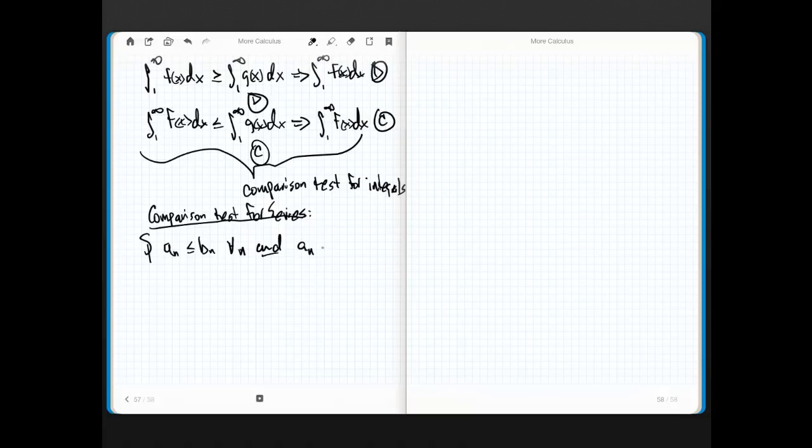A sub n and b sub n are series with positive terms. We got to keep it positive, because if a sub n is less than b sub n, but I blast down towards negative infinity, then clearly I'm going to diverge in the negative direction. So you got to think about why we have to call these things positive. All right, our series with positive terms.